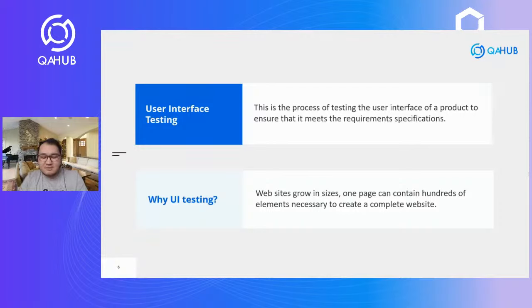Why is UI testing important? Because nowadays a lot of websites have complex and beautiful items, diagrams, and tables, which make our website beautiful but make our testing process a little bit complex. So we need to make sure that everything works correctly.